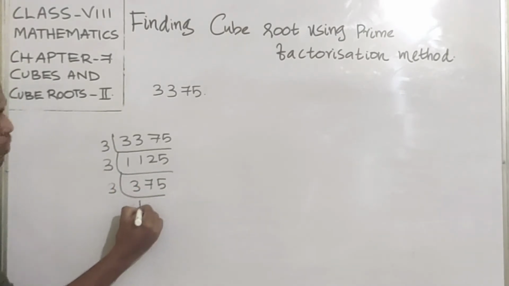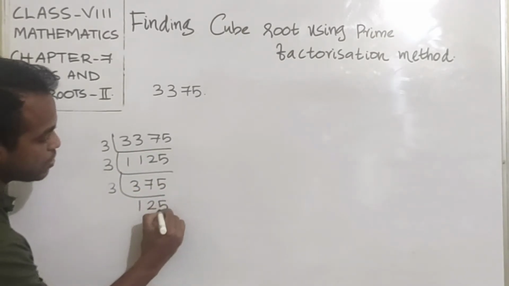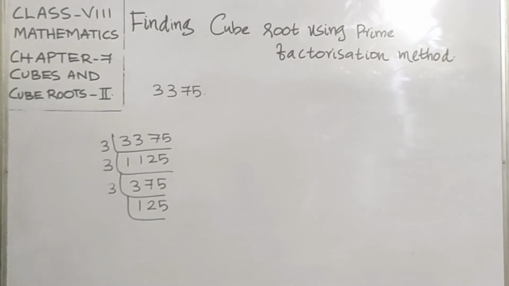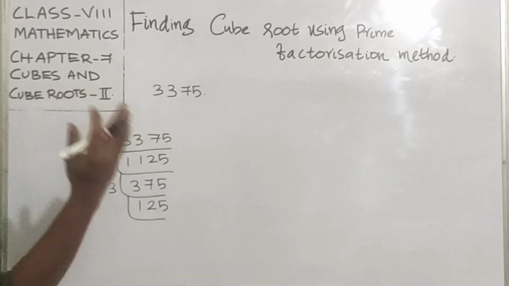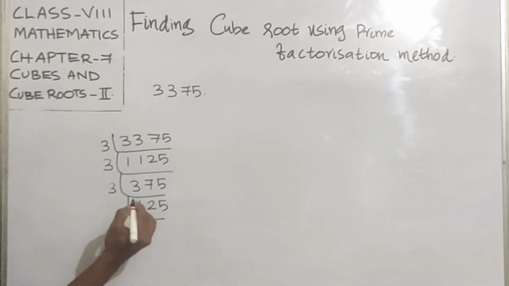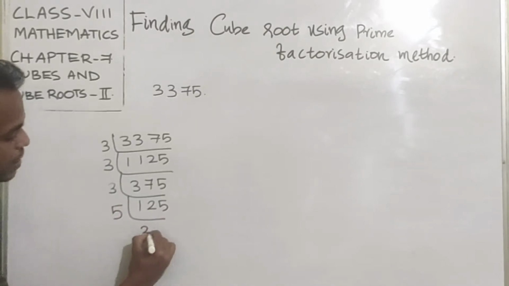How many 3's in 3? 1 time. How many 3's in 75? You know it's 125. Now to check whether it is divisible by 3, take the sum. 1 plus 2 is 3. 3 plus 5 is 8, which is not divisible by 3. So we will go for the next prime number, that is 5. Of course 4 is not divisible. Then using 5 we can cancel it 5 times, 25 times.